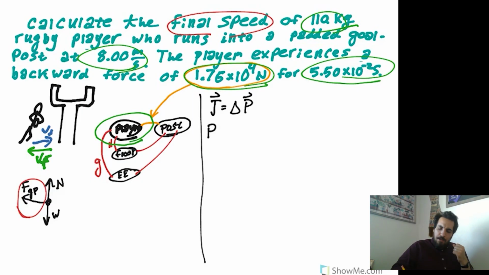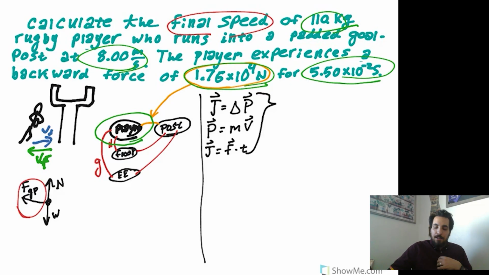Well, I know momentum is mass times velocity, and I know that impulse is force times time. I plug those in together with the impulse momentum theorem, combine all three of these, and what I end up with is that the impulse, force times time, is equal to the change in momentum, or mass times final velocity minus mass times initial velocity.